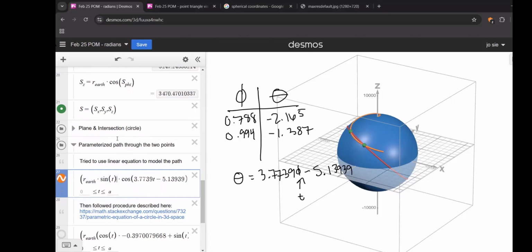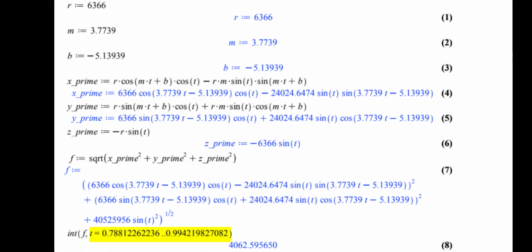So the angle from the z-axis that gets me to Oregon. And then my upper bound was the angle phi that put me in South Carolina. And with all of this information, I was able to get an answer.